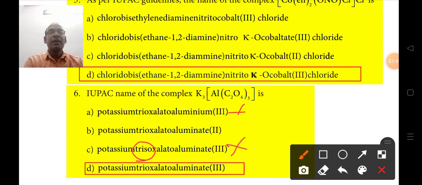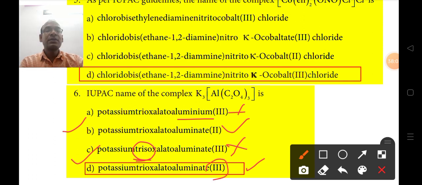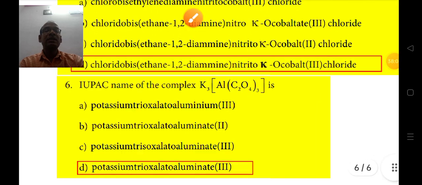Remaining two options B and D. In the first case aluminium is wrong. In option C tris comes. If the ligand has di or tri, therefore option B is incorrect. Remaining B and D, the only change is the oxidation state of the central metal ion. Now find out the oxidation state of the central metal ion.